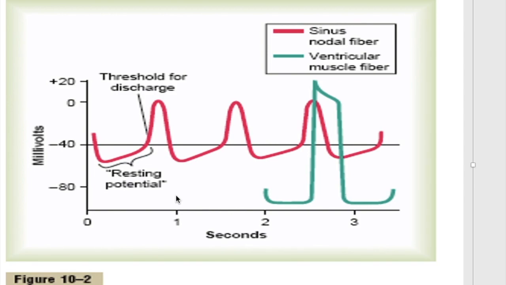The waves of excitation moving through the heart generate currents, and these currents can be recorded at the body surface to produce an electrocardiogram. As I already told you, this is also called ECG. A typical ECG recording comprises several distinct waveforms. The excitation of the atria is shown in the form of the P wave.